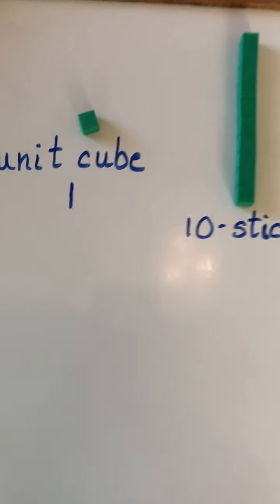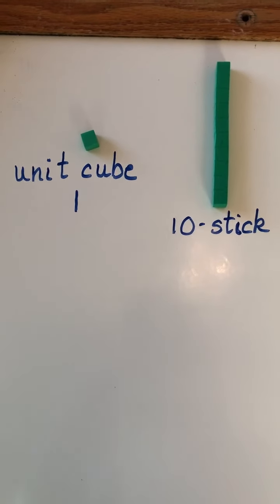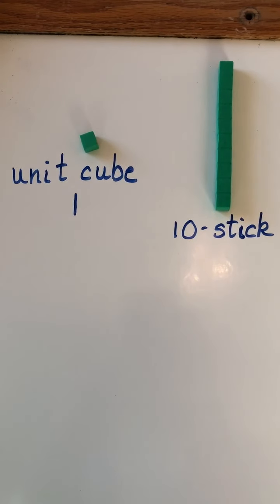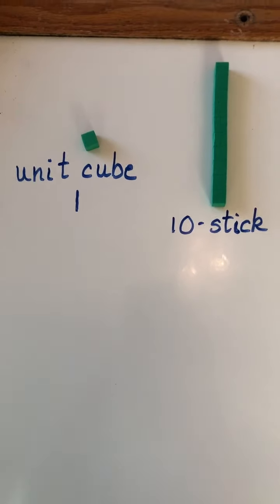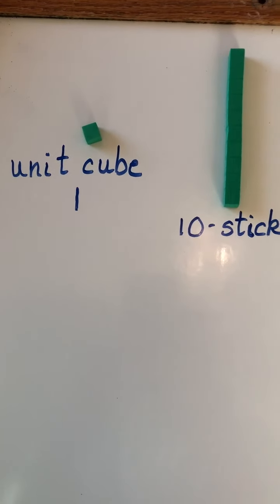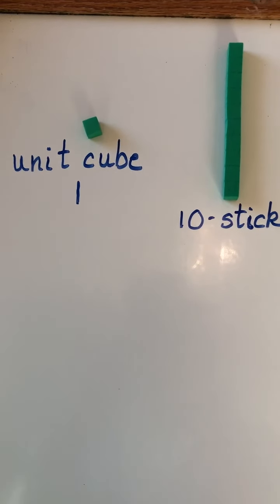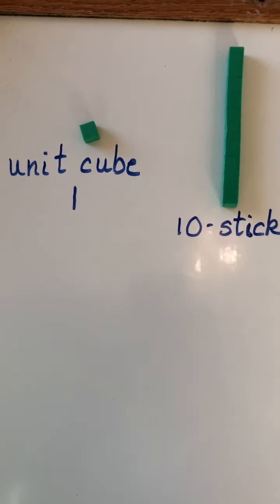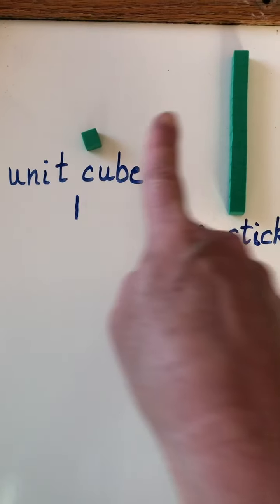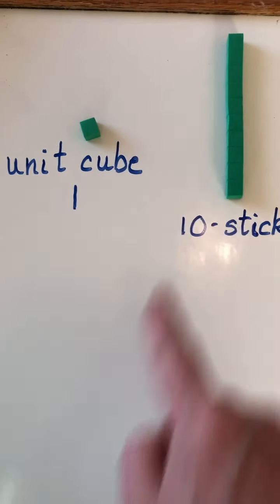Now this one is called a 10 stick. Why do you think this would be called a 10 stick? Look at this stick compared to the unit cube. You're right. If you're thinking that perhaps there are 10 of these in one of these, you are correct.